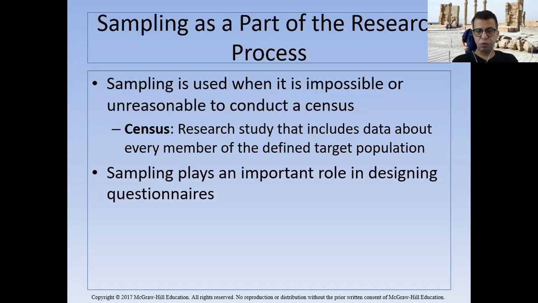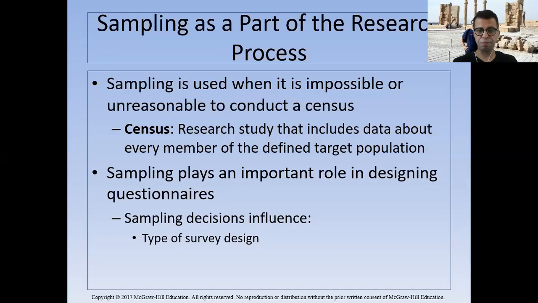Sampling plays an important role in designing questionnaires. If we are sampling, the size of the sample, the location, and the type of sample that we're going to take usually help define the questionnaire that we're going to use for the sample. The sampling decision is influenced by the type of survey and how we are going to ask.